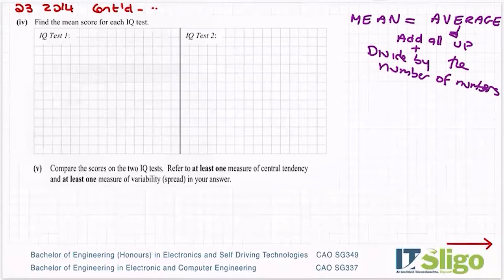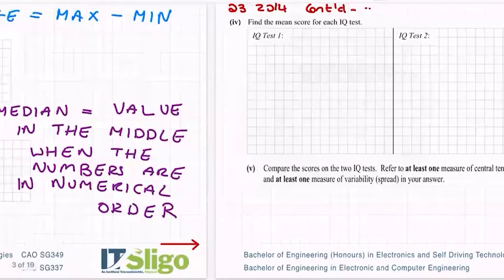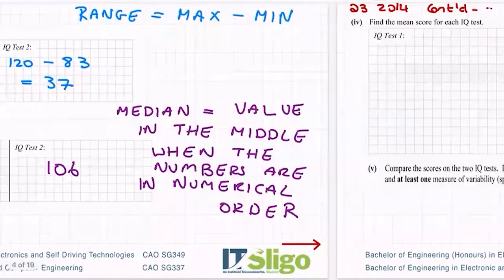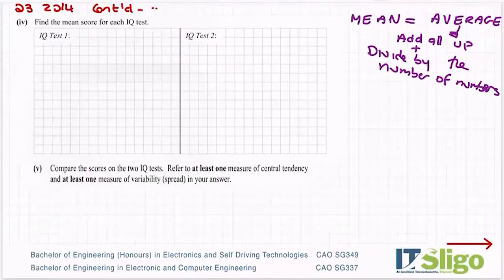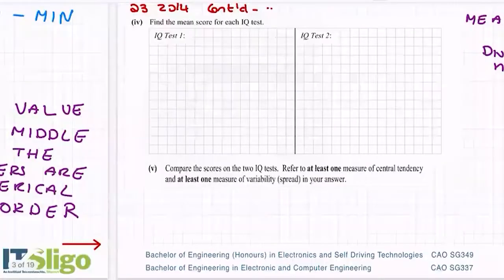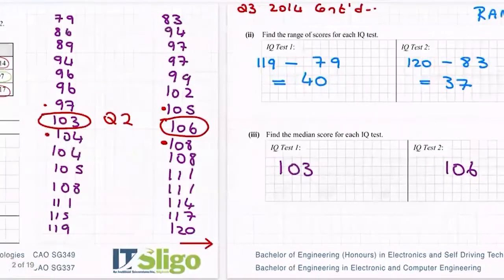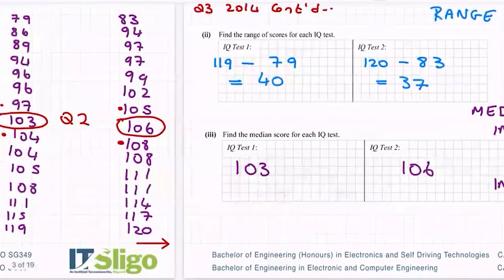Okay, and we're going to do it here for IQ test 1. Okay, so again, you can do it off the stem and leaf, or you can do it from the table. I have the numbers in front of me here now because I knew I'd have to do this, otherwise I'd be scrolling back and forth. But I am taking these from our stem and leaf.